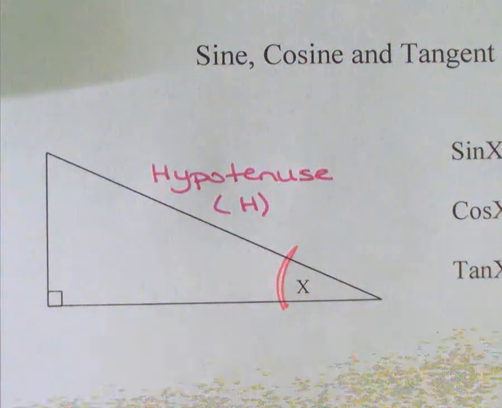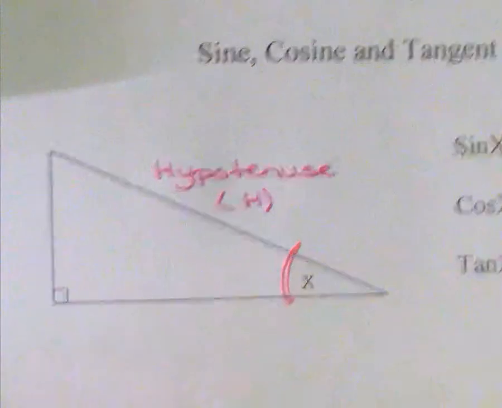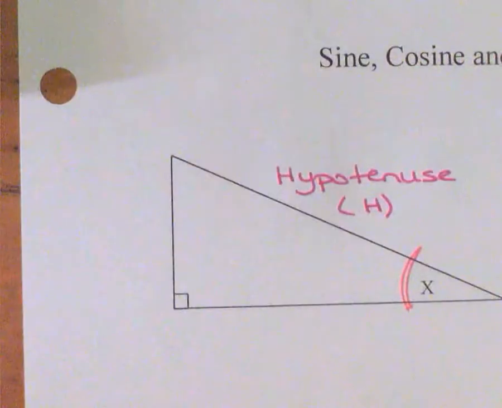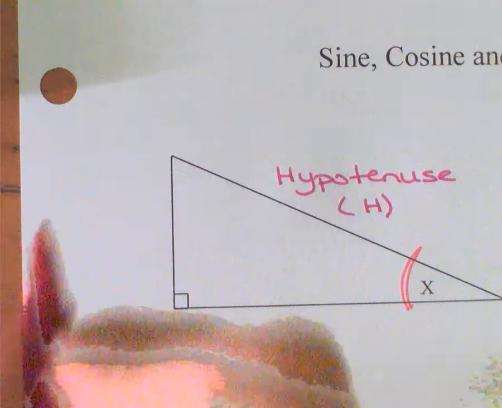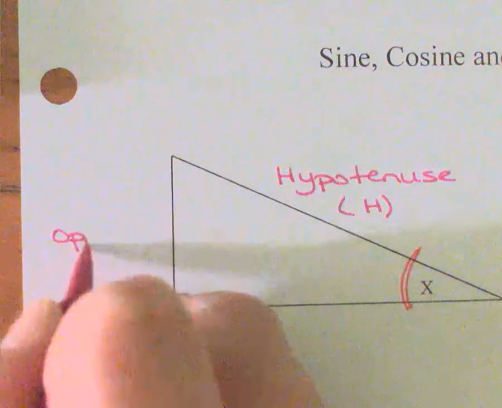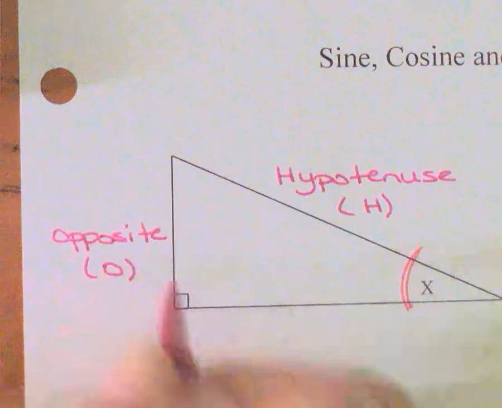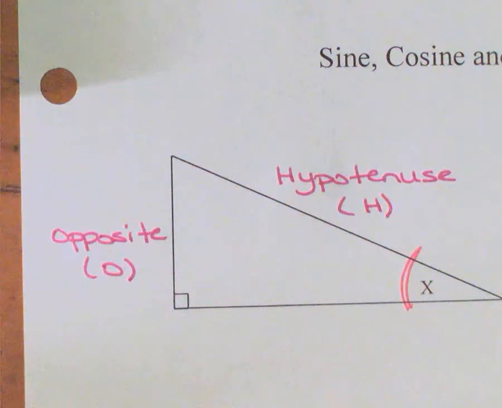So based on that angle, this side is opposite it. It's not touching it, so it is opposite the angle they gave me. So I'm going to call this side opposite. And I usually use the short form O.